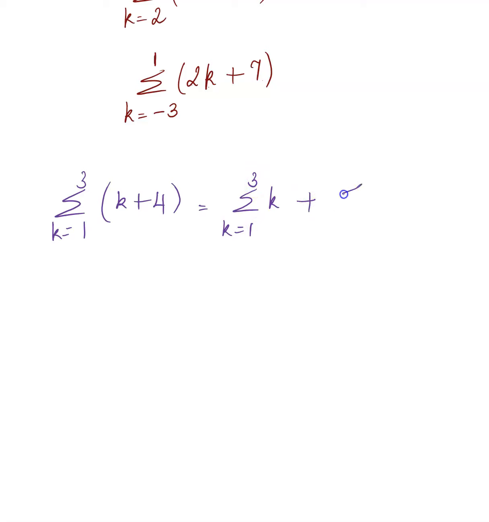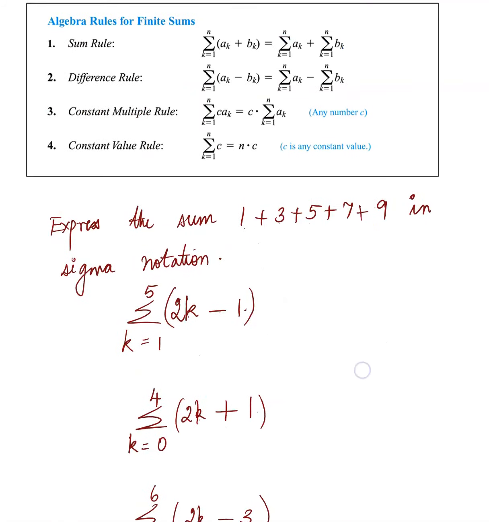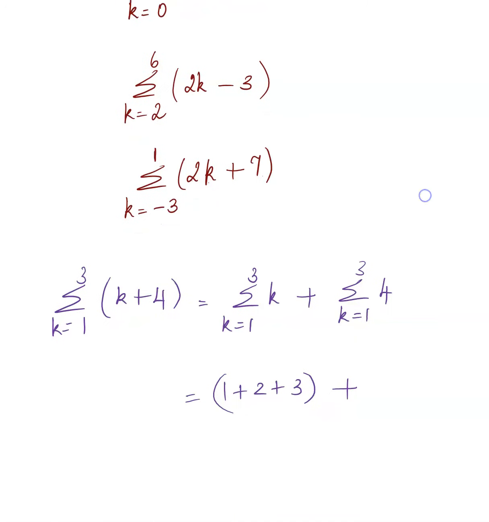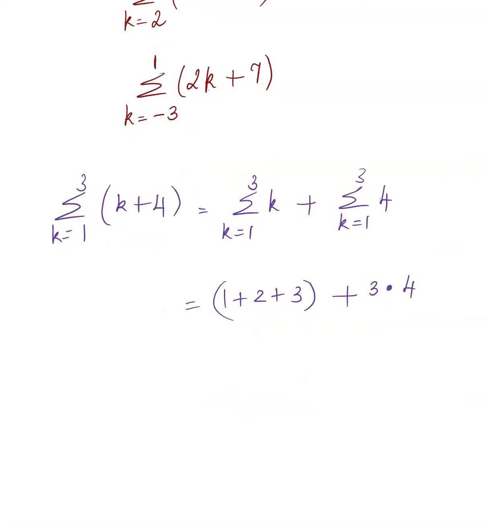So that would be the summation k 1 to 3 of k, which is 1 plus 2 plus 3, plus the summation k 1 to 3 of 4. If you go back to the rules, if you are summing a constant, all you have to do is n times c. So n here is the end index, which is 3, and the constant is 4. So that will give us 18.